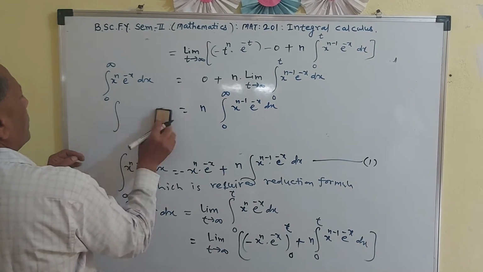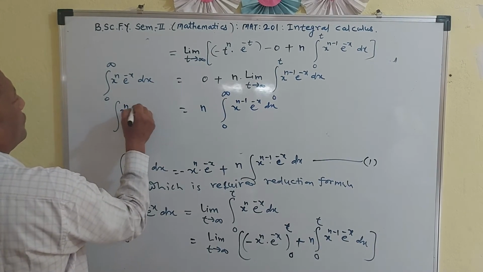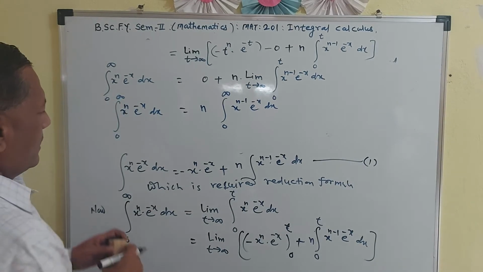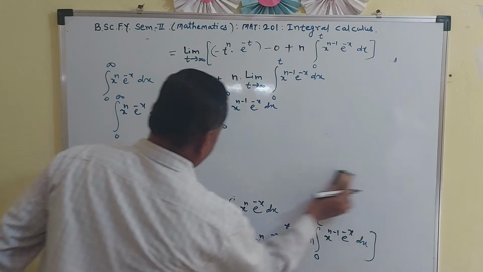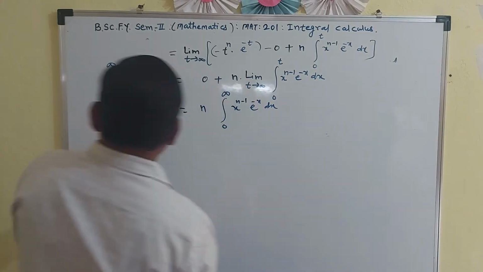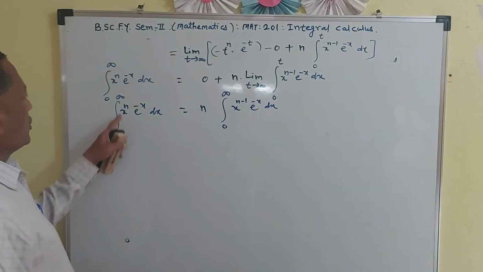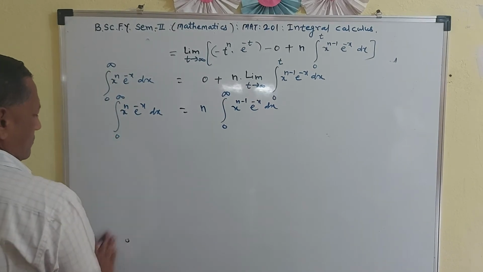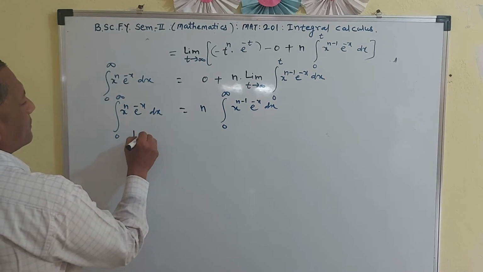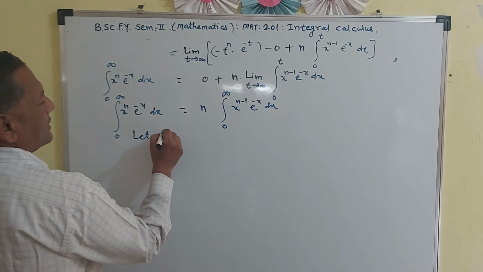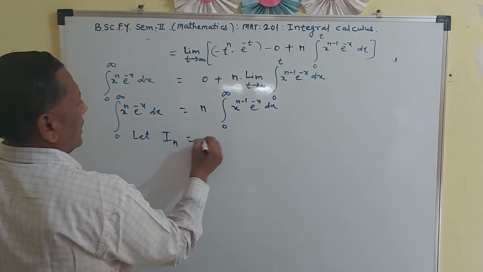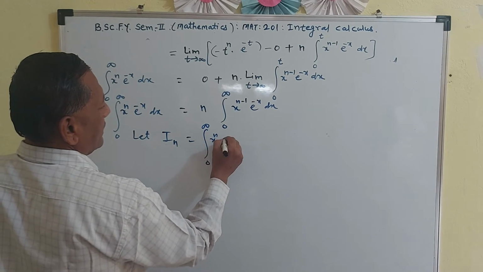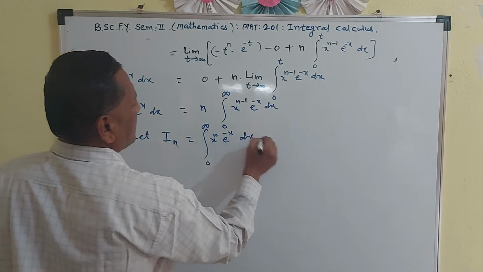Now if you take integration going from 0 to infinity of x raised to n into e raised to minus x dx, let it be I n. I n is equal to integration going from 0 to infinity of x raised to n into e raised to minus x dx.